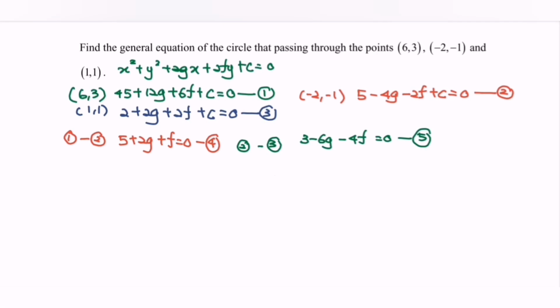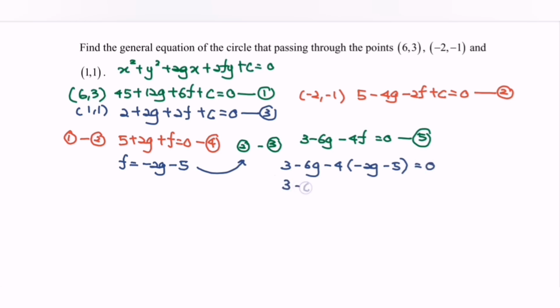So now try to relate the fourth and the fifth equation. So my suggestion is express the fourth equation f in terms of g. So we will have negative 2g minus 5. Then kindly substitute this into this part. So we will have 3 minus 6g minus 4 multiplied with negative 2g minus 5 equals to 0.